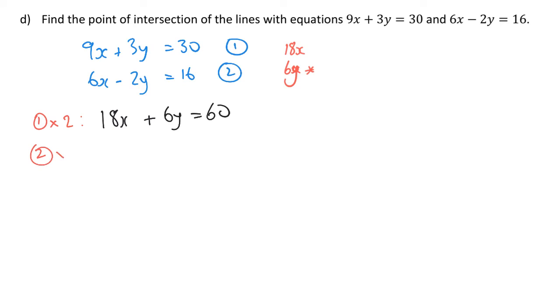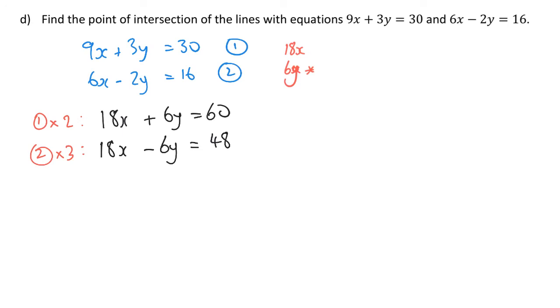Equation 2, we'll multiply by 3, and we'll get 18x minus 6y equals 48. So actually it wouldn't matter which way we've done the equations to get either 18x or 6y, because we've got that anyway.